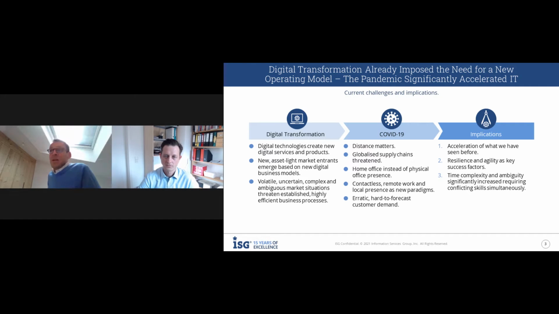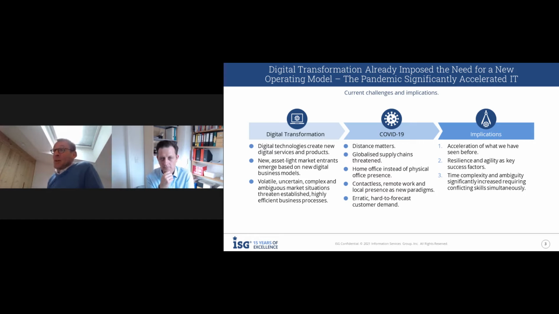Especially at the beginning, we really had challenges related to the supply chains. The whole workplace topic got disrupted, with almost the entire workforce, at least related to services, now at home. Contactless payment and remote work, all those topics suddenly gained significant speed.